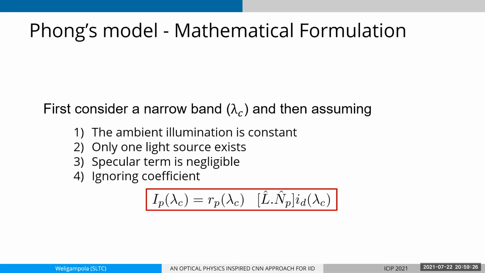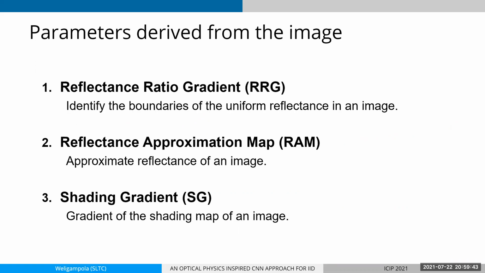Note that now we have two separate components: the reflectance, which is only given by the first term, and the shading, which is given as a combination of the rest of the terms. So next, the equation which is given as a product must be decomposed to separate each of these components. In order to do this, we first derive the three following parameters, which provide additional information about the image and thereby give us better results.